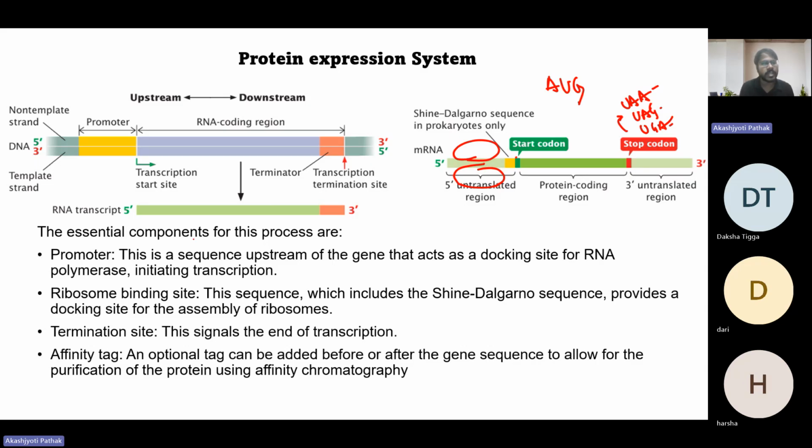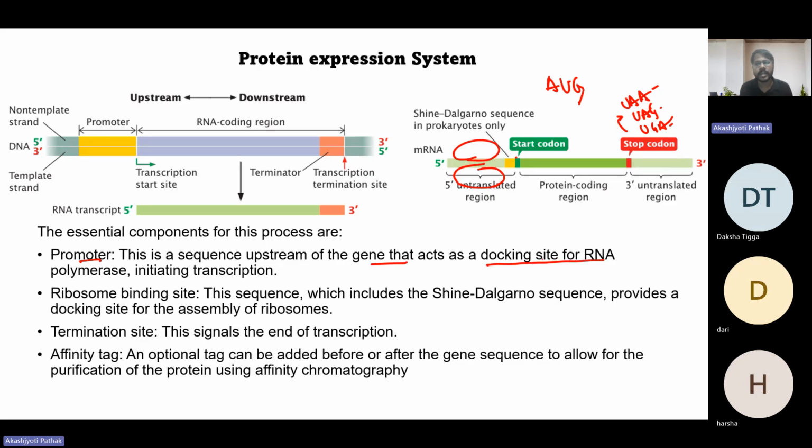Okay. So what are the essential components for protein expression? First is your promoter. So what is the promoter? Promoter is that region in your DNA where the RNA polymerase will bind and start initial transcription. This is the sequence upstream of the gene that acts as the docking site.